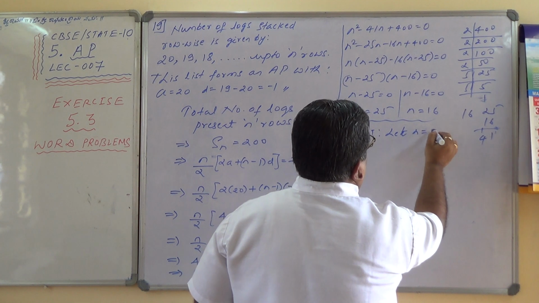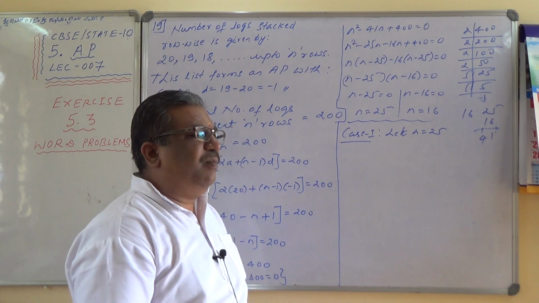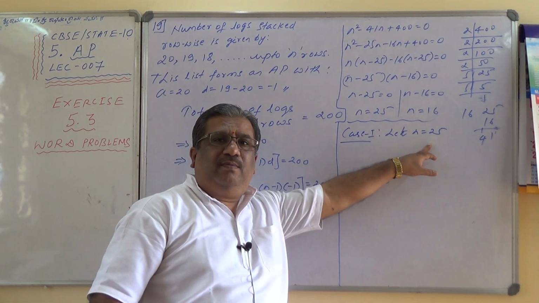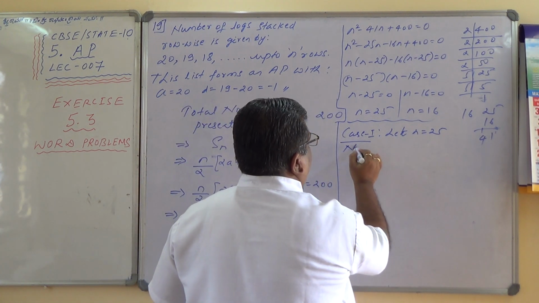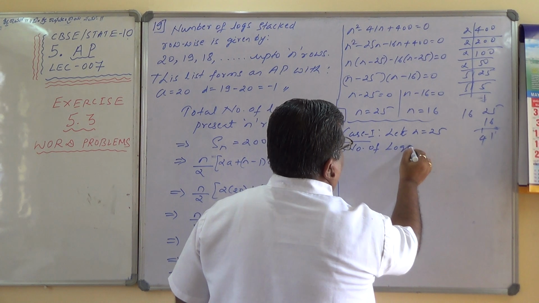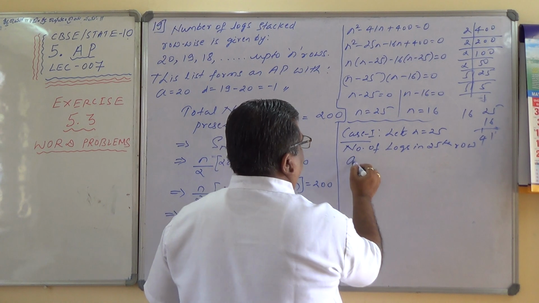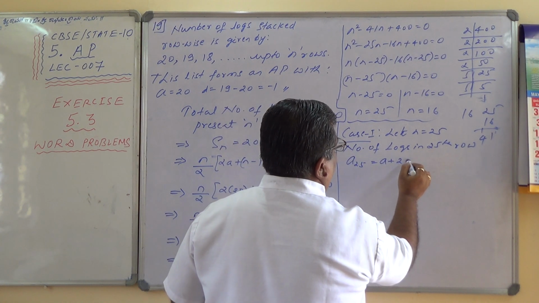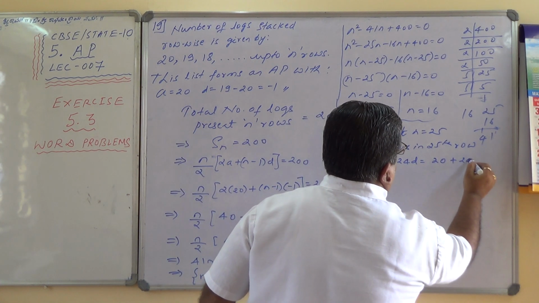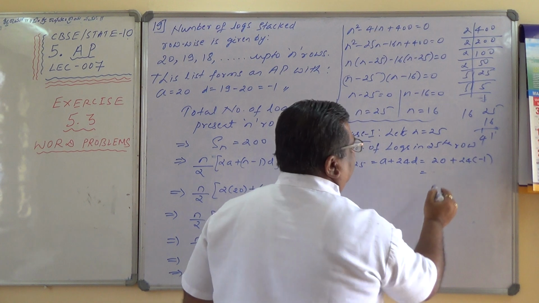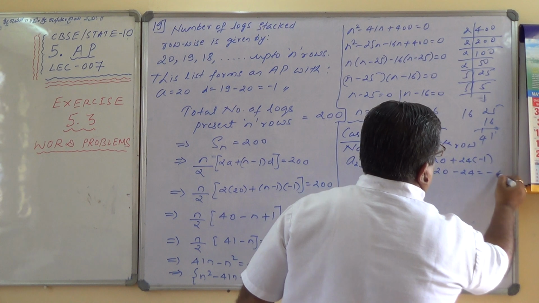Case 1, let n equals 25. So if n is 25, how many logs are present in the 25th row? That is my question. Are you able to understand? Therefore, the number of logs in the 25th row is given by a25 equals a plus 24d, which is 20 plus 24 times minus 1, which is 20 minus 24, which is minus 4.